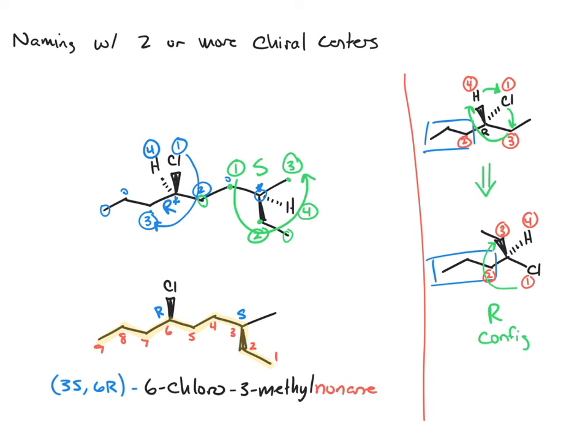Whenever you're doing a ring, like a cyclic compound, do you have to hold 2 of them constant then? That's actually a good question. If your chiral center is on a ring, you can never move it. You're just stuck. So let me give you an example.